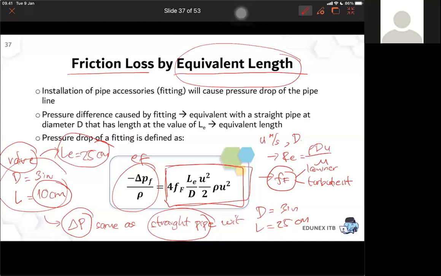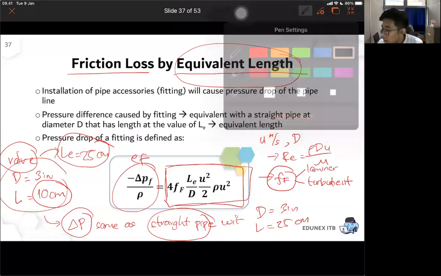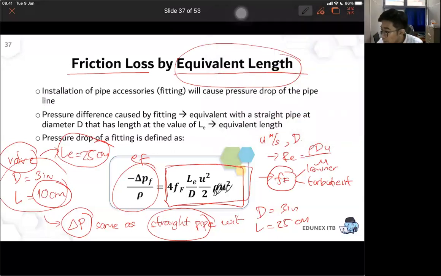Sir, question, sir. In the formula of the frictional energy there, why is there 2u², sir? Okay. Again, there is only this one. The formula is only EF is 4 f F L over D times u squared over 2, right?